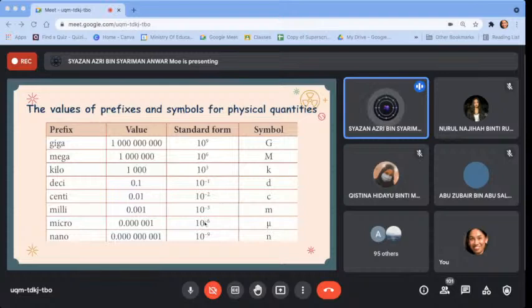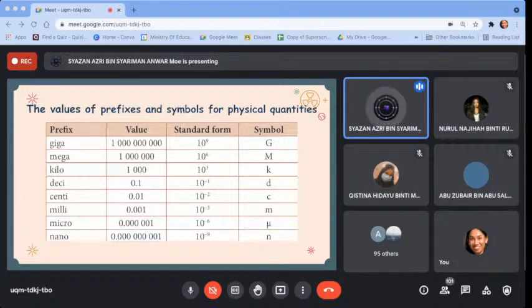So the last prefix, which is also the smallest prefix, is nano, which is 0.000000001. It has 9 decimal points, and the standard form is 10 to the power of -9, and the symbol is N. So prefix is very important in order to determine a large or small number.